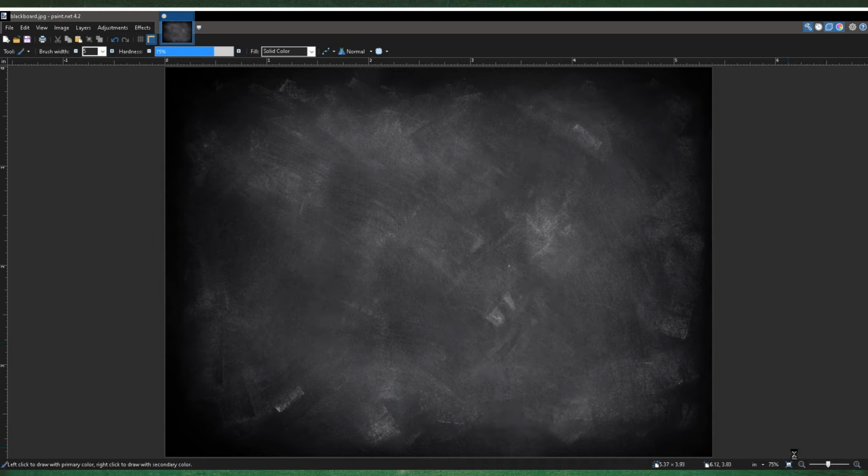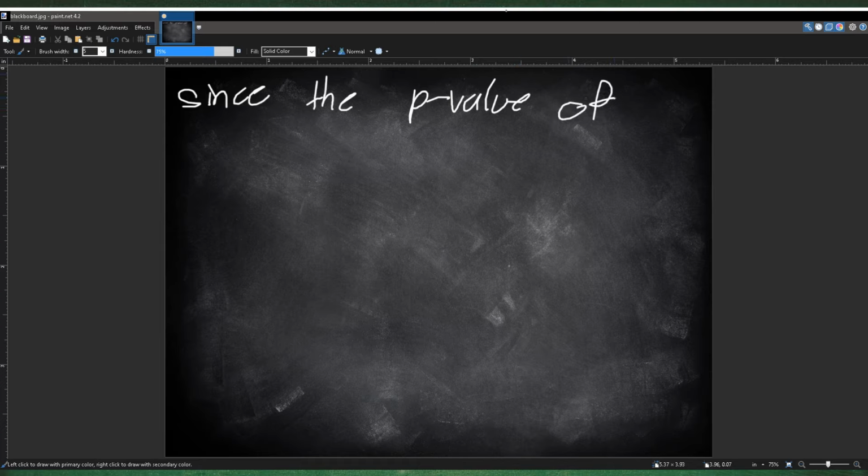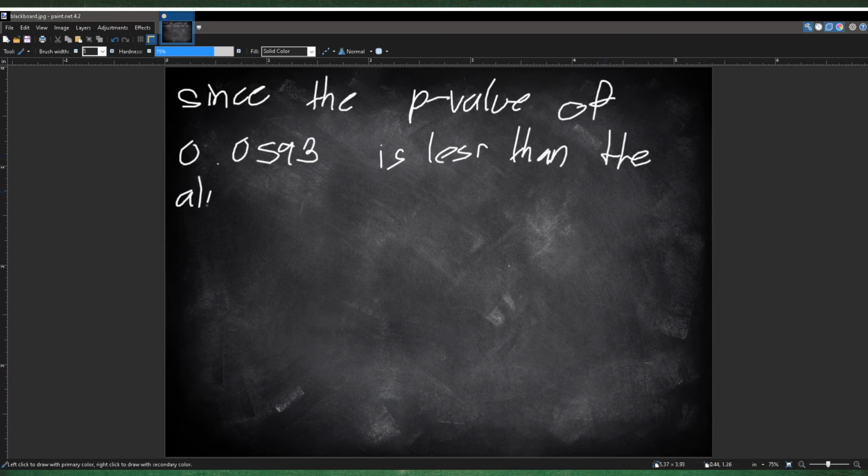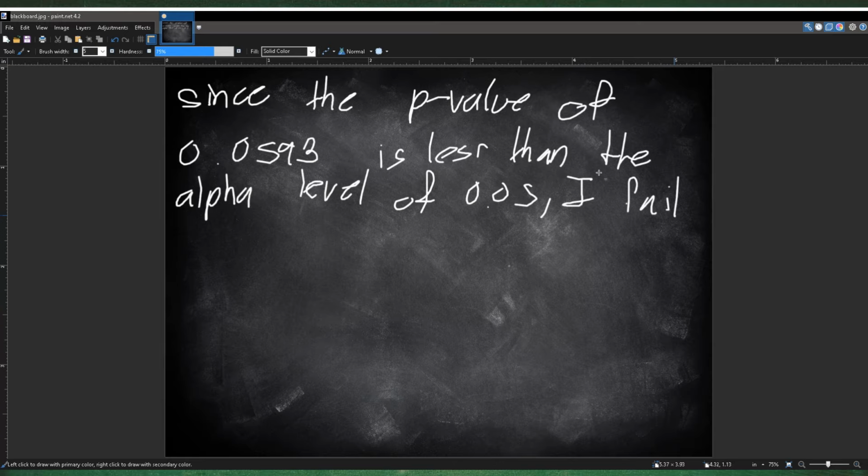So now we basically write our conclusion. So we say since the p-value of 0.059, right, is less than the alpha level of 0.05, I fail to reject the null hypothesis.